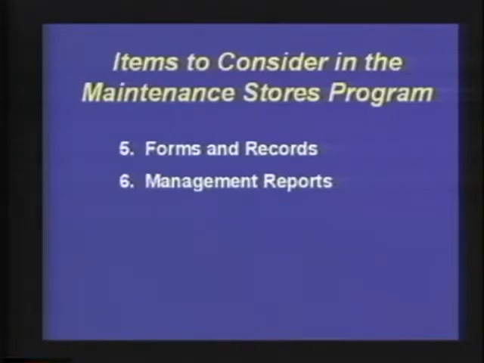There are a myriad of different reports that can come out of the storeroom. As an example, the results of cycle counting would be one. The turnover analysis and the investment of both inventory class codes and commodity codes, and other applications like activity information that we discussed in a previous section, in section number 6 here.